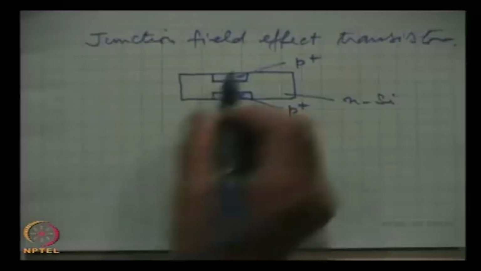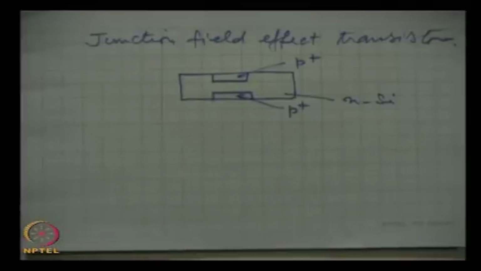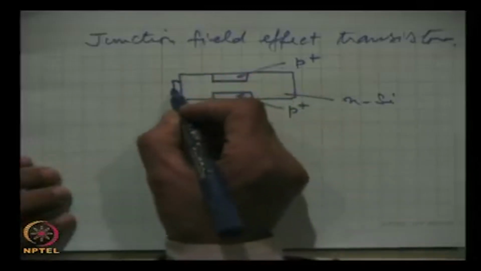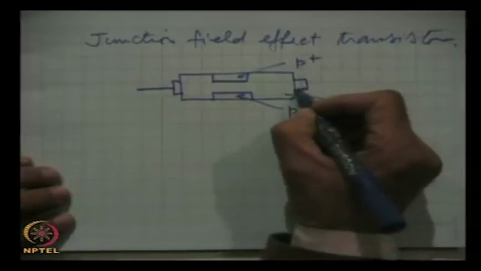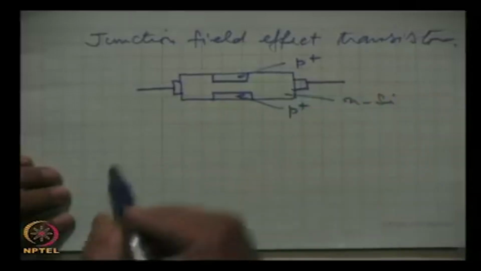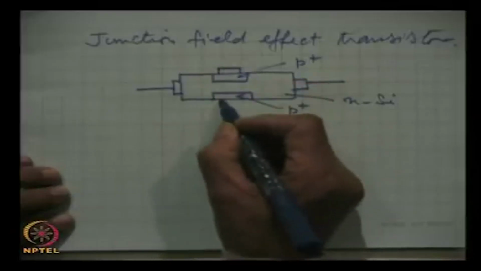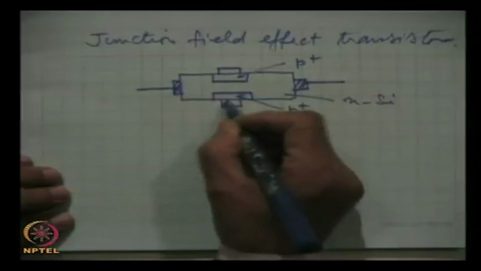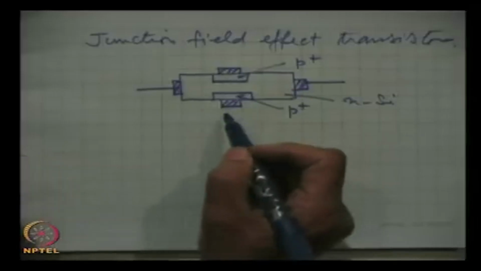Heavily doped p regions on the two sides of a small crystal of n type silicon, and one electrode is deposited here, the other electrode is deposited here, and then there are these two electrodes, all like aluminium, and these both are internally shorted.